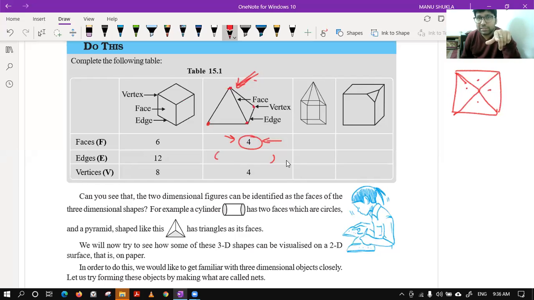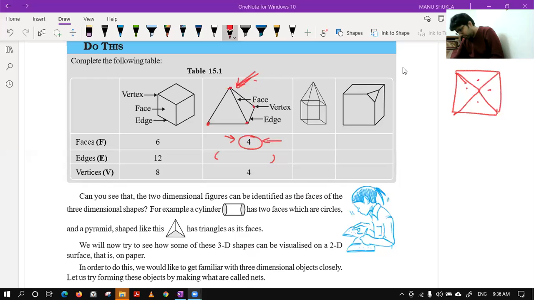Now tell me the number of edges, please. Now as it is clear that it is an example of a triangular pyramid, tell me the number of edges. Okay, Rishi is saying there are six. Fine. Others, please try. Yes, Tushita. Edges are six only as per you. Let us check. So we have a figure like this.